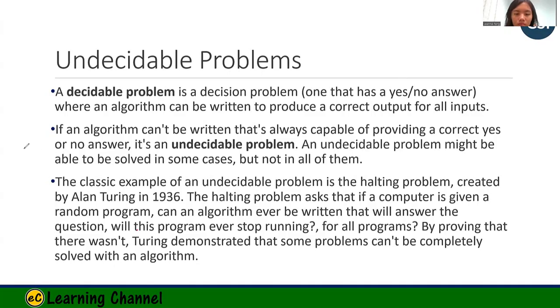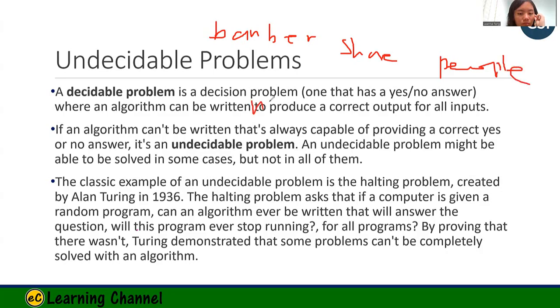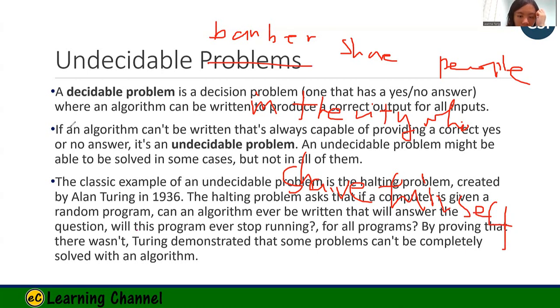So let's assume that there is a barber who will shave people in the city who don't shave themselves. Then does the barber shave himself or not? This is undecidable.